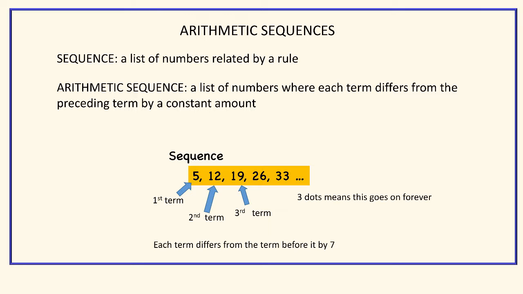Between the first and the second term, there's a difference of 7. From the second to the third term, there's also a difference of 7. And from the third term to the fourth term, there's a difference of 7. So we've got the same difference between each two adjacent terms. This makes it an arithmetic sequence.